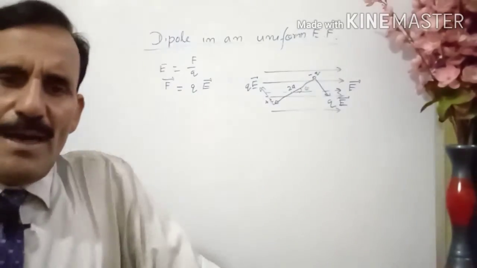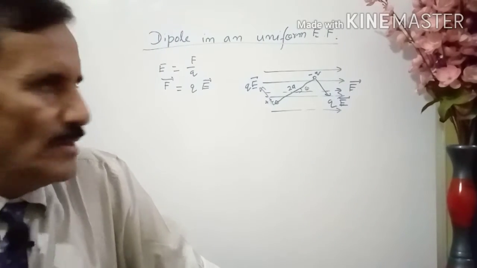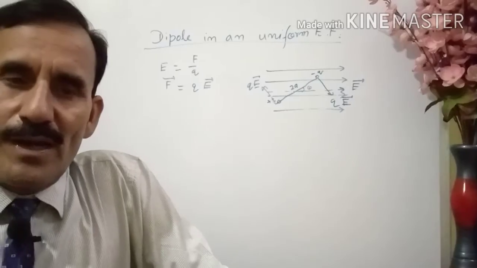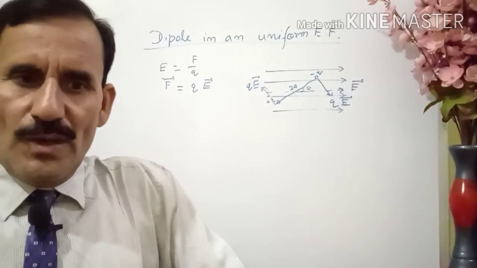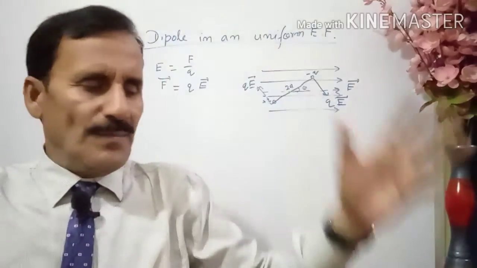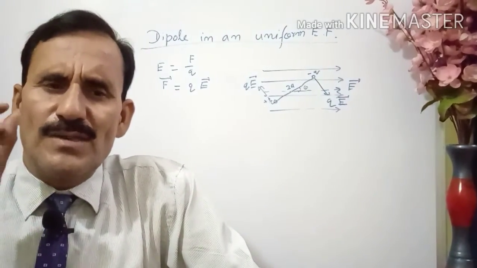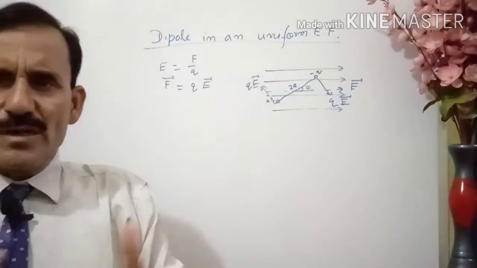So when an electric dipole is placed in a uniform electric field, there are always two equal and opposite forces acting on the dipole. Two equal and opposite forces are called a couple, so they constitute a couple.